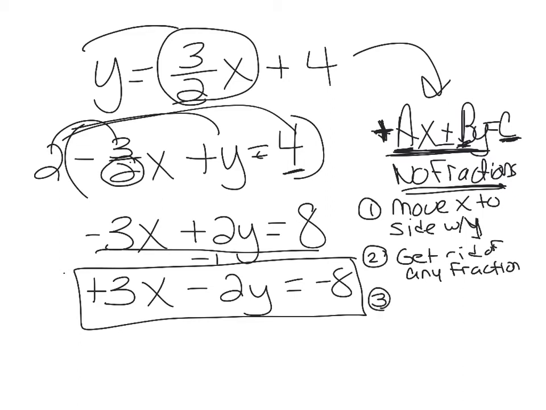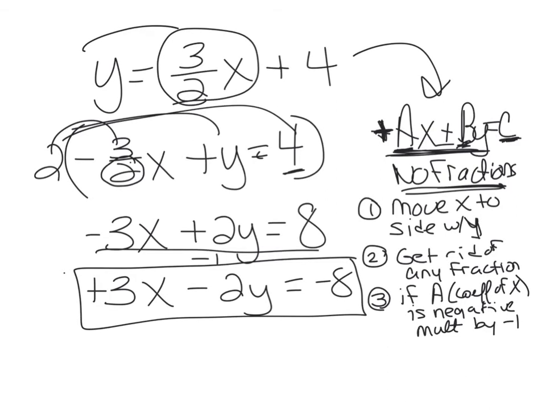And then step 3 is, if a, the coefficient of x, is negative, multiply by -1, or divide, same thing.